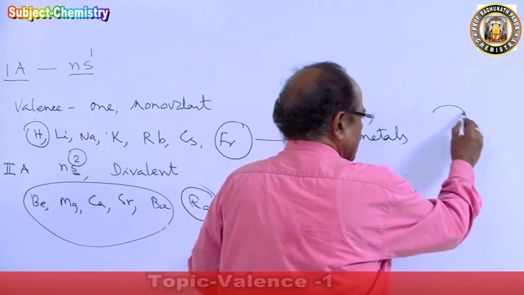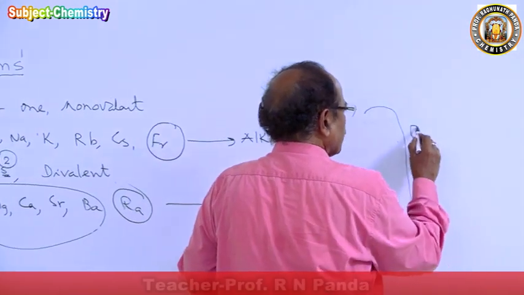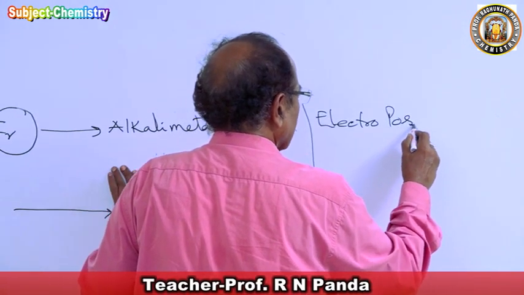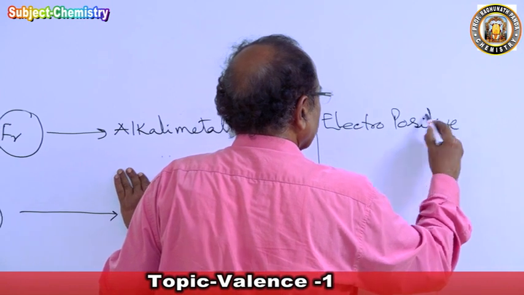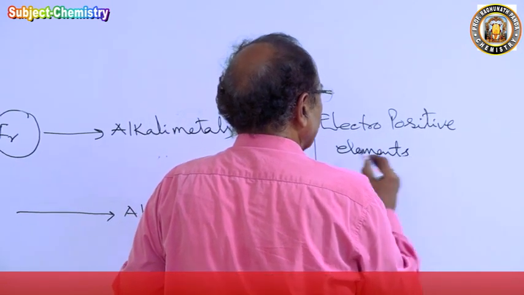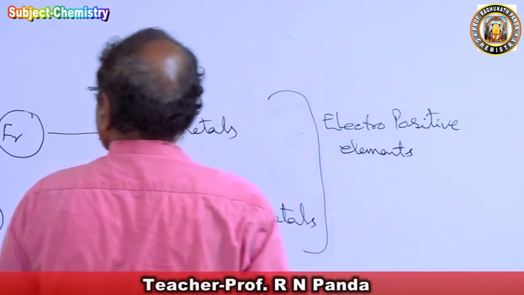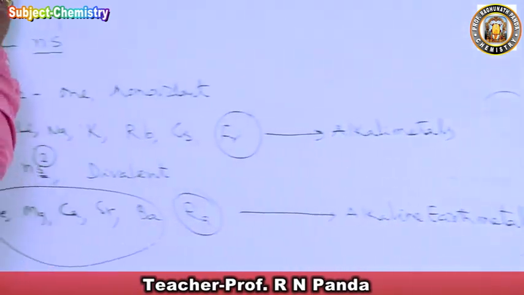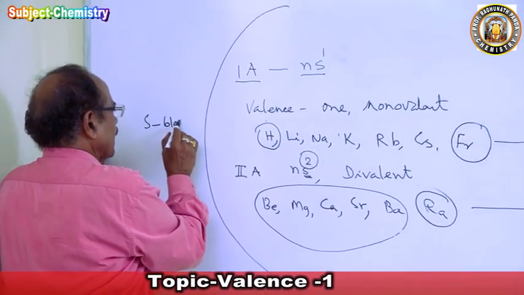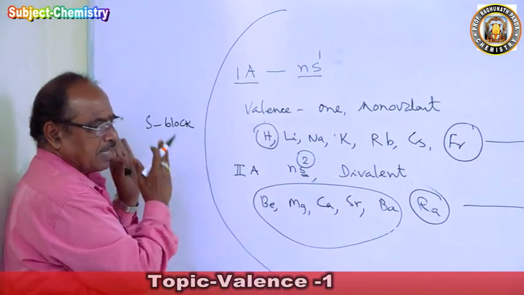And all these elements are electropositive elements, and both group 1A and 2A belong to the S block of the periodic table. They are placed in the extreme left of the periodic table.